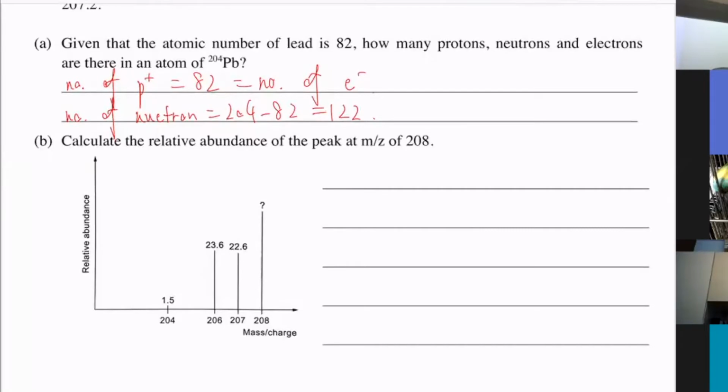I set the equation: 207.2 is equal to 204 times 1.5 plus 23.6 times 206 plus 22.6 times 207 plus, you set y, y times 208, divided by the whole sum, 1.5 plus 23.6 plus 22.6 plus y. It should be 1.5, right? Not 15, right?